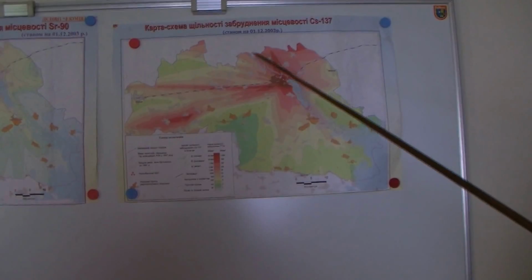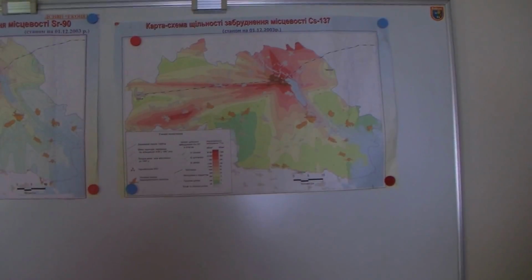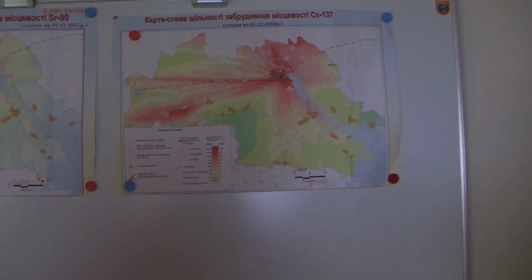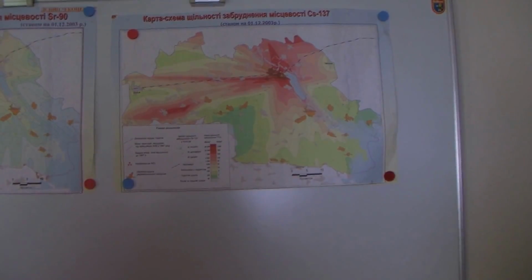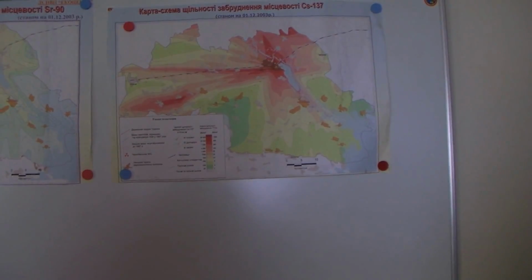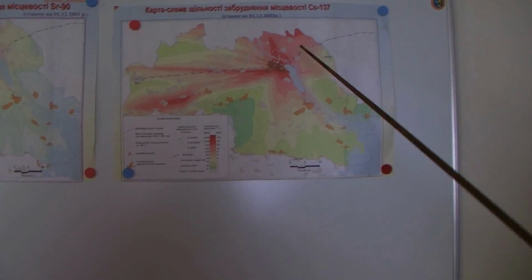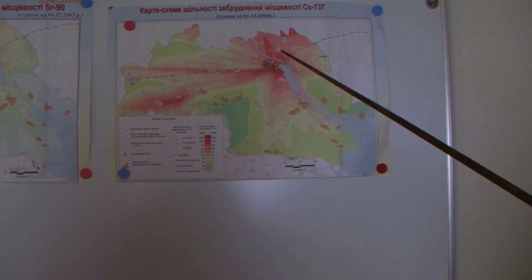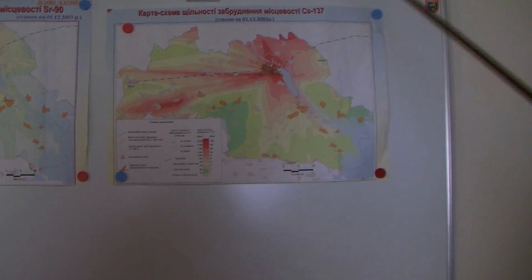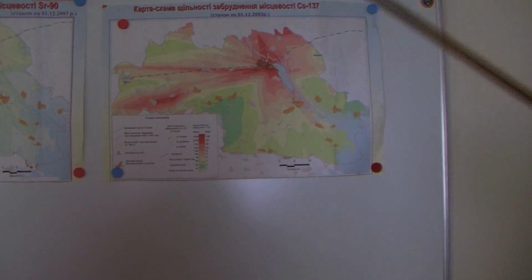It contaminated a big area in Belarus and reached even Northern Europe. Sweden's authorities started looking for where the problem was, because they first saw it at their own power plant. When the releases of radiation were the biggest, the wind was blowing to the north, so the most contaminated direction is north.